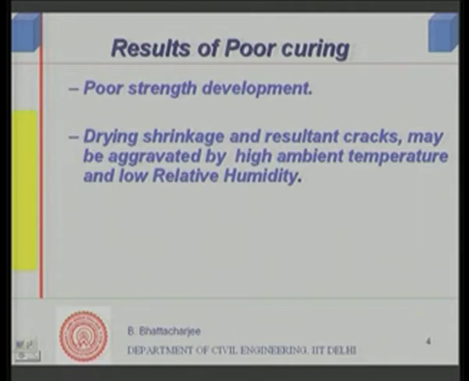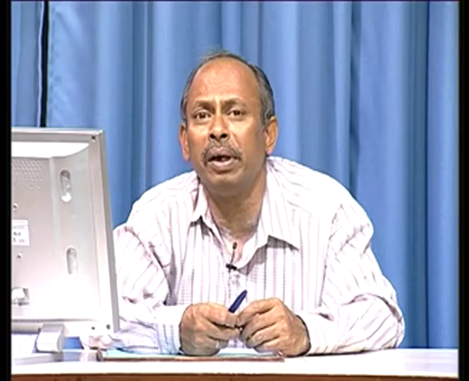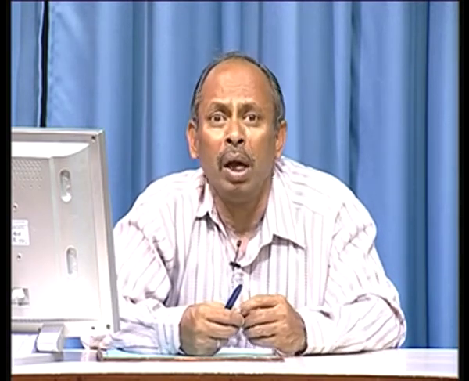In a hot dry desert climate, you may have about 40% relative humidity even in the morning, and in the peak temperature time it may be 10% or so, and the temperature could be as high as 40 plus. In such a situation, if you have not replenished the water or at least covered the surface of the concrete, it will quickly dry off, and both shrinkage and shrinkage cracks can result in formation of defects on the surface of the concrete.